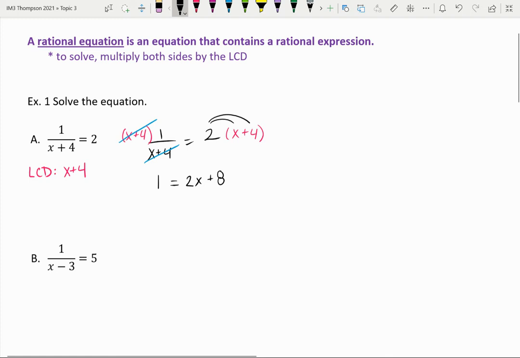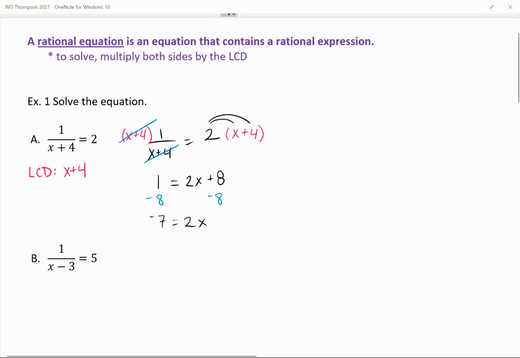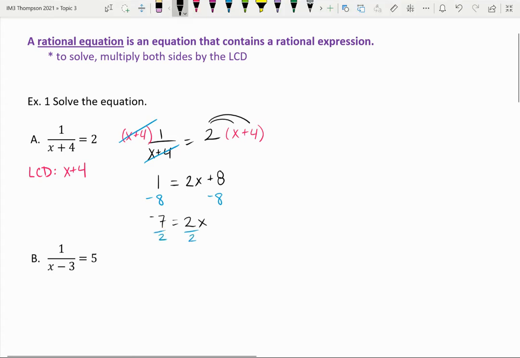Now I just have a straight up linear equation that I can solve. To get x by itself, I subtract 8 from both sides and then divide by 2.